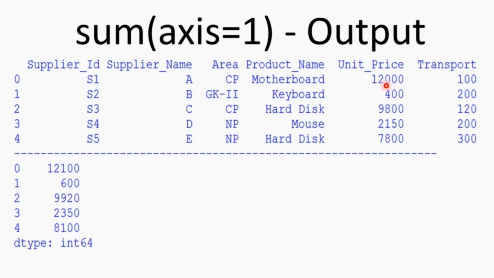Numeric values only it takes. In the first row it takes 12,000 plus 100, that is 12,100. In the second row it shows 400 plus 200, that is 600, like this. Only numeric values will be summed if we take axis equal 1.